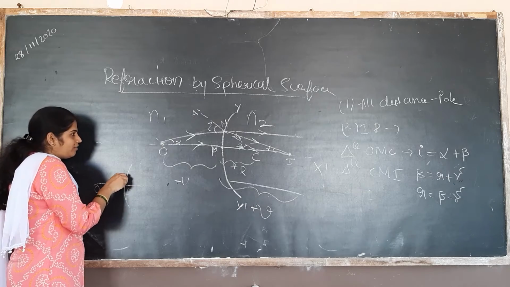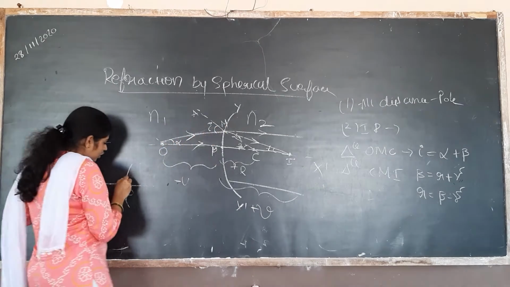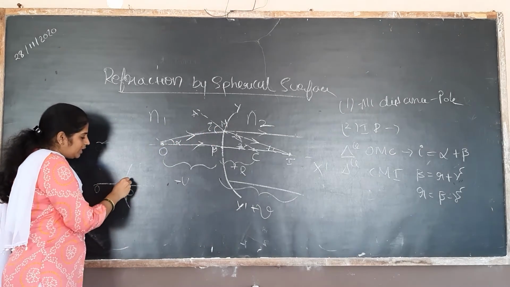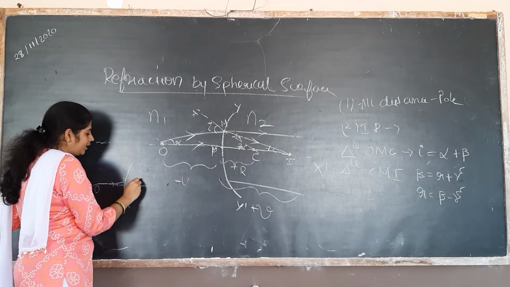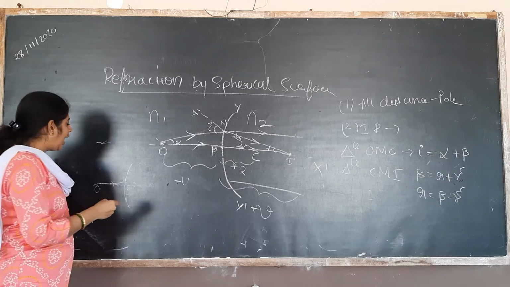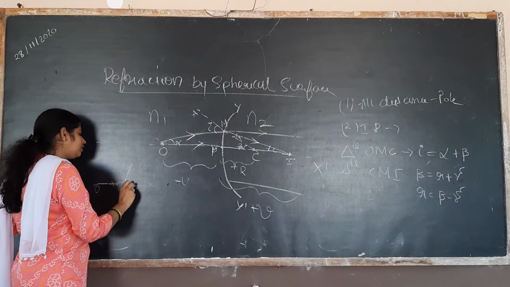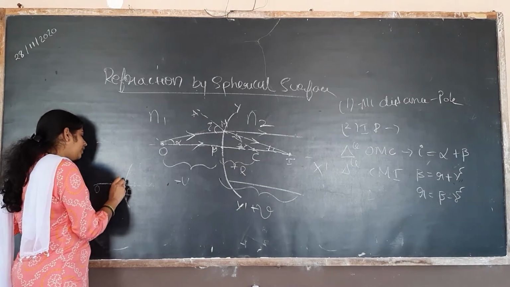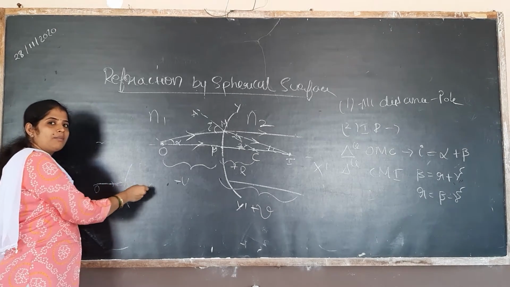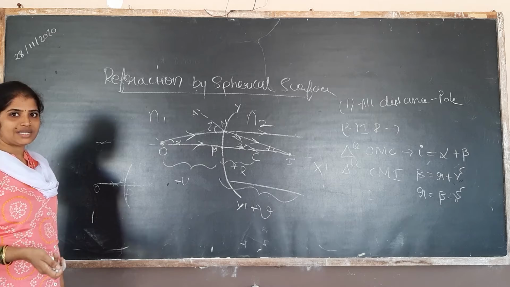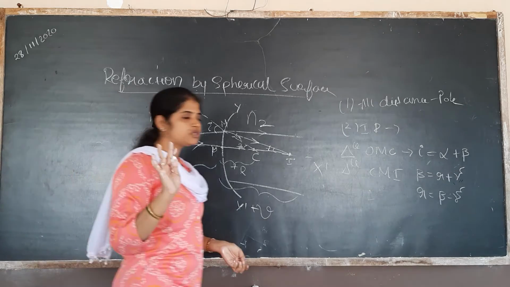Whatever A is there, M is there, so MP is an arc. It will behave like an arc for alpha, beta, and gamma. And if you are considering this the center of curvature, angle I is also less, angle R is also less. Alpha, beta, gamma, everything will be of smaller value.